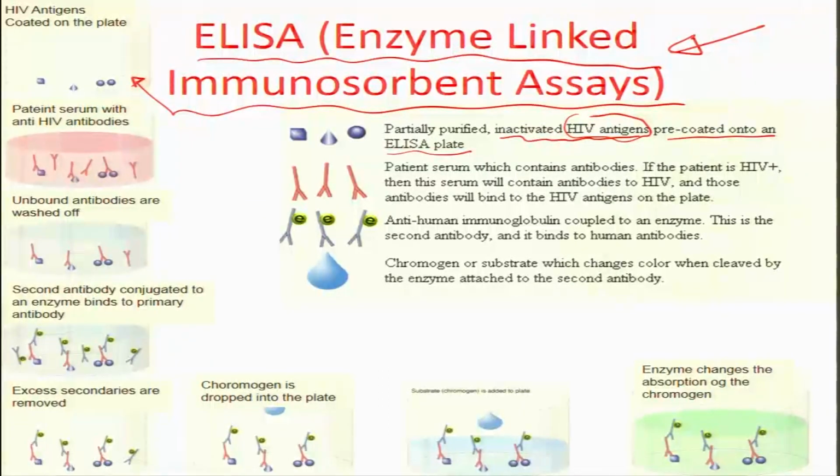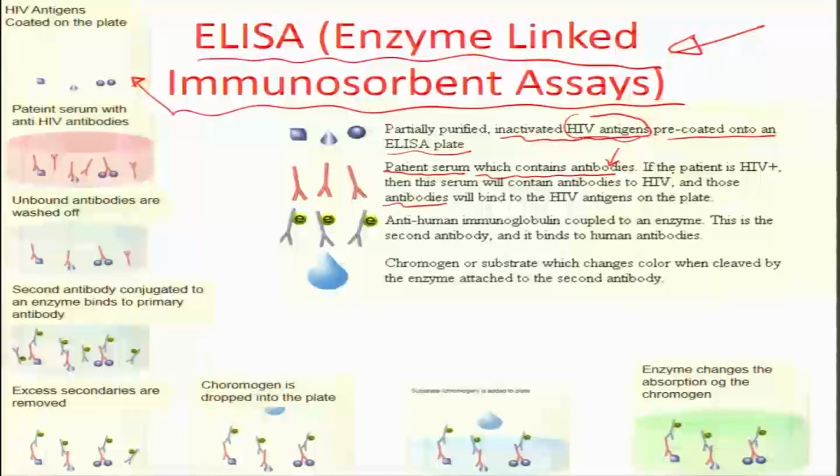So, when the patient serum from which we want to investigate whether there is an HIV infection within the patient or not is collected, it will contain antibodies raised by the natural immune system of an individual against the HIV antigens, okay, and these antibodies should be able to bind and block some of these antigens from their functionality. So, that is all the idea behind the immune recognition and immune response of an individual.